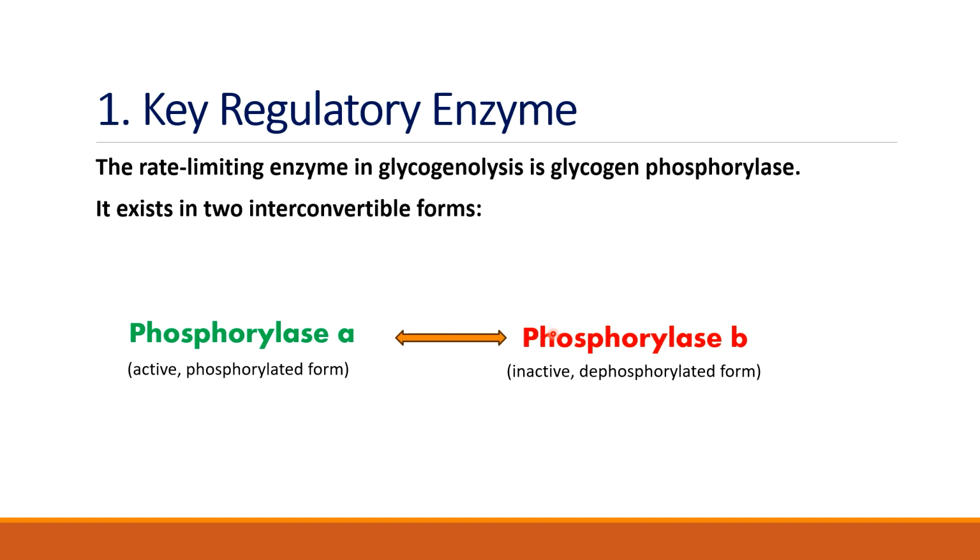Interconversion of these two will be taking place. So this glycogen phosphorylase enzyme's activity is controlled by phosphorylation and allosteric modulators, which vary depending upon the tissue, like in the liver or in the muscle.